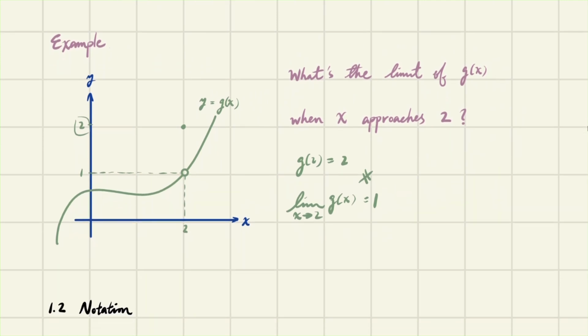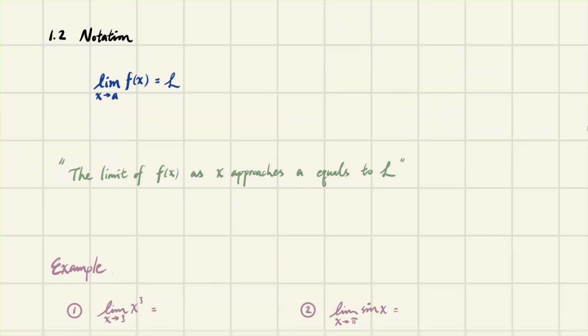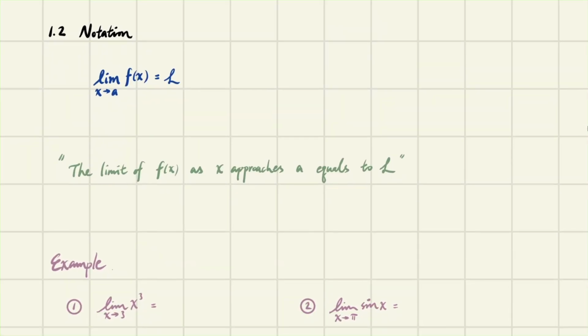Okay, so now let's look at the notation. We write this as the limit of f of x as x approaches a equals a value L. So that's how we read it.